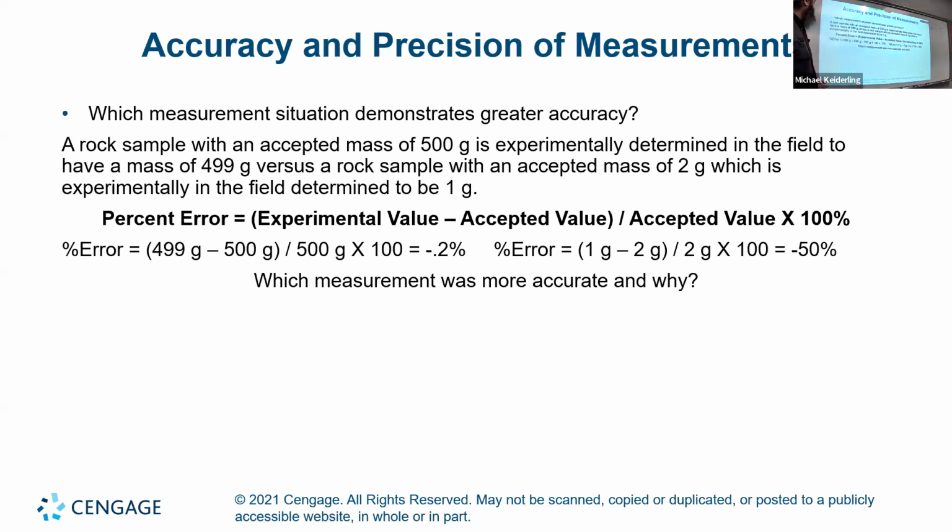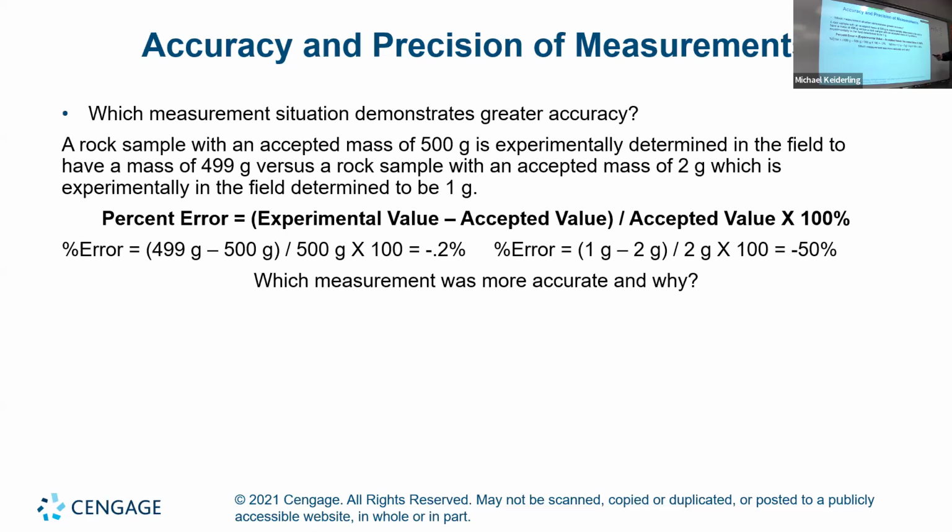So if you calculate the percent error, it is the measured value minus the accepted value, divided by the accepted value, and then you multiply by 100 to make it a percent. So 499 grams minus 500 grams divided by 500 grams times 100 gives us negative 0.2%, while 1 gram minus 2 grams divided by 2 grams gives us negative 50%.